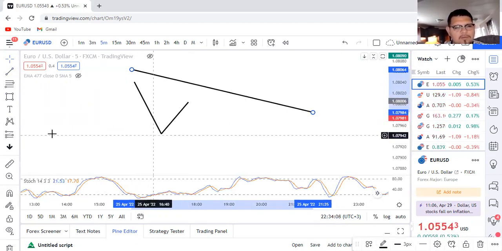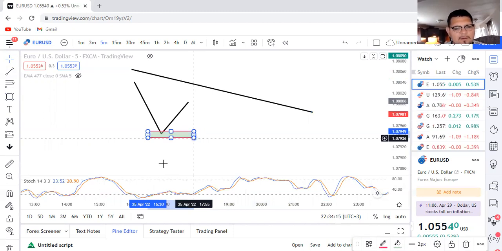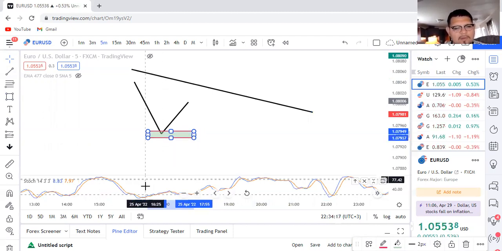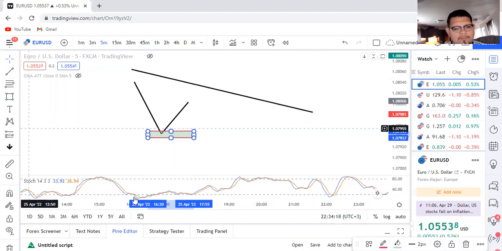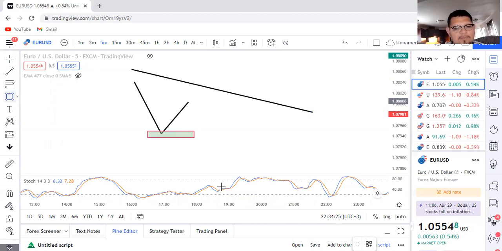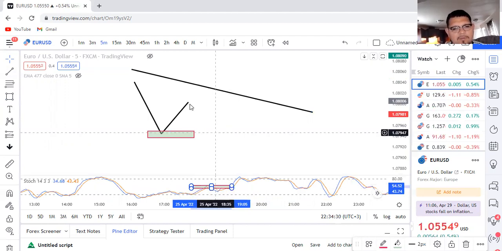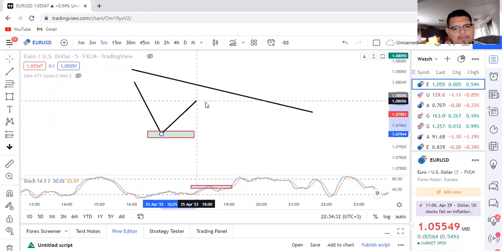So on the 15-minute time frame, we're gonna wait for the stochastic to hit our 20 level, like it did here. This is just an example. And we're gonna wait for it to go above the 50 level, which is here. It goes back up, so possibly price moves like that.